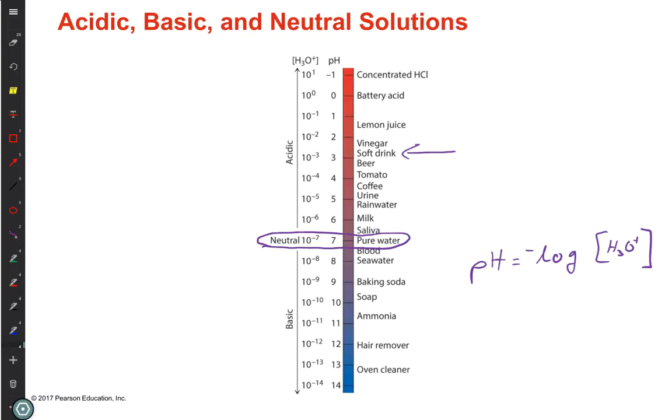For other things, something like the person had soap or detergent. Detergent would be better for cleaning away grimy type stuff. So it depends on what you're cleaning, what the best thing would be. So we do have to be a little clear on that. And I'm sure you know that you clean some things in your house with soap and ammonia that are bases, and some with vinegar and lemon juice that are acids. So it depends on what your point is, what you're trying to do, which works best.